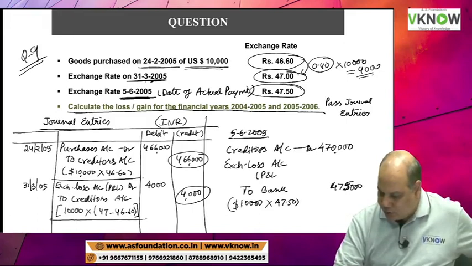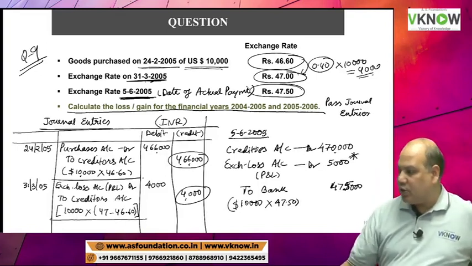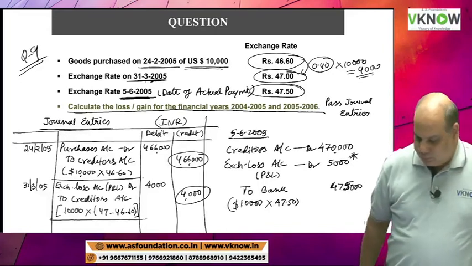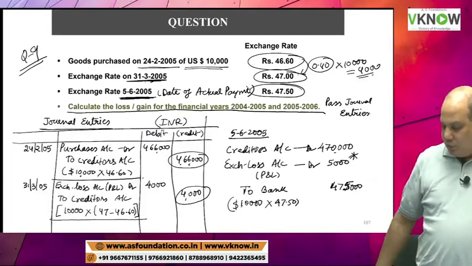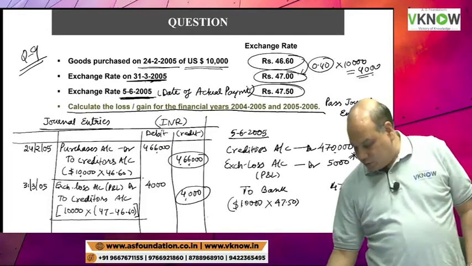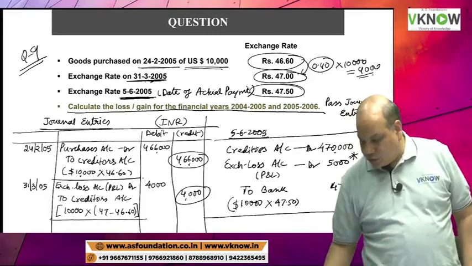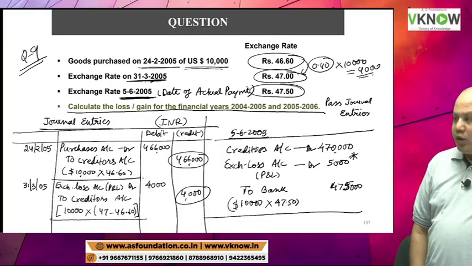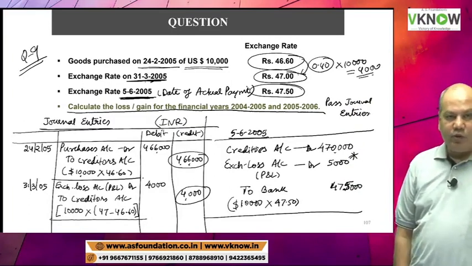Exchange loss will be transferred to the P&L account. 5,000 rupees exchange loss on the debit side. Check the answer now. Being payment made to creditor. If they ask you journal entries for the same question, then these three entries you will pass.